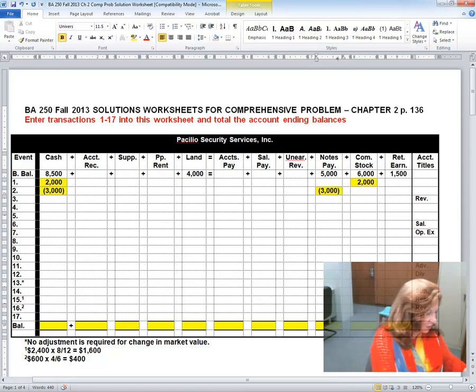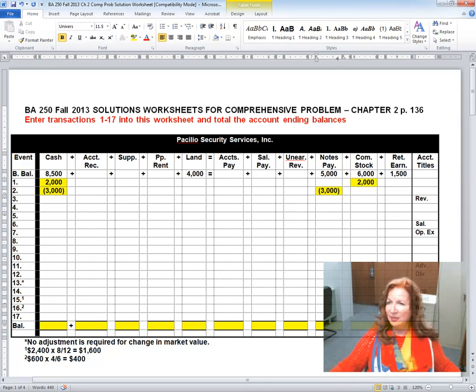Now you're asked to enter all of these. The next one says performed $21,000 of security services for local events throughout the year. $15,000 was the amount on account and $6,000 was for cash.